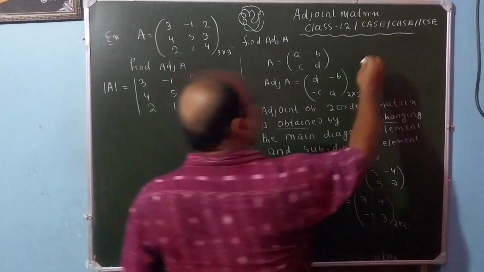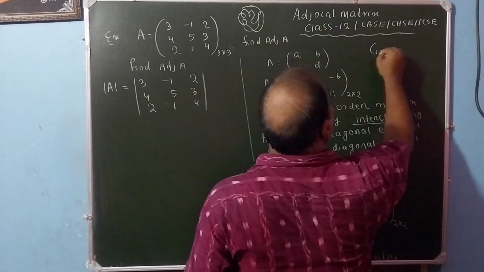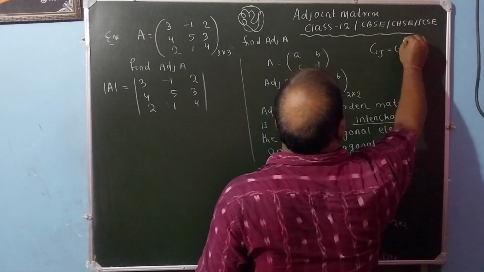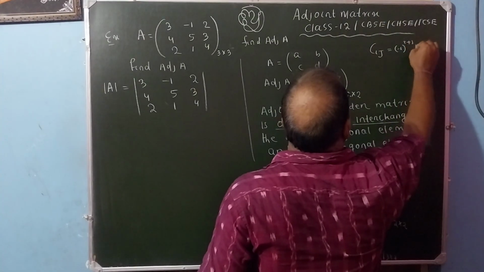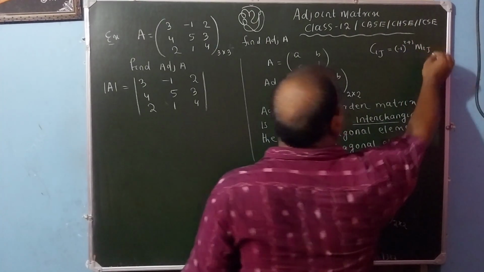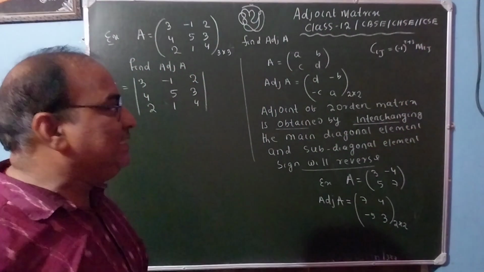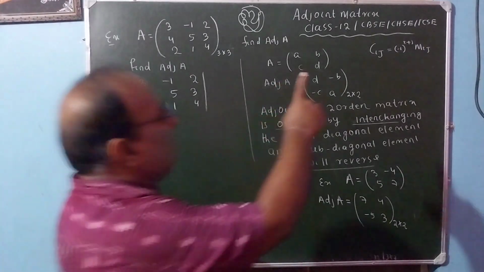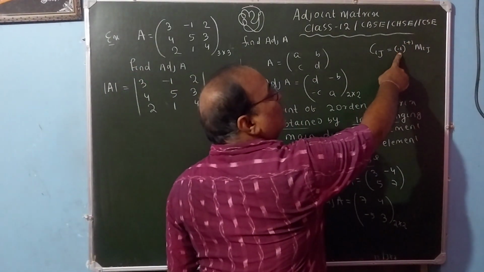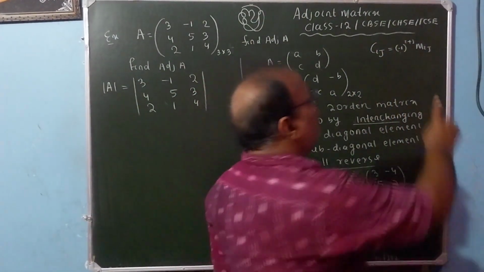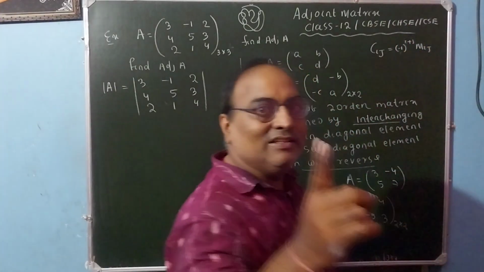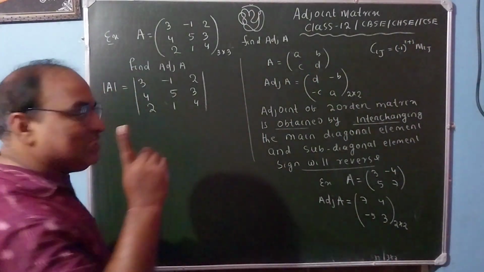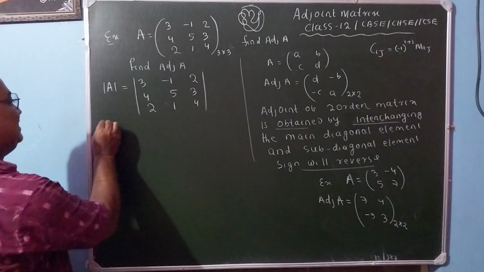Okay. Next we have to find out the cofactors. Cofactor, you know, Cij is minus 1 to the power i plus j, minor of ij, where i is the row, j is the column. If i plus j is odd, then sign will be negative. If i plus j is even, the sign will be positive. First of all, we have to find out C11.